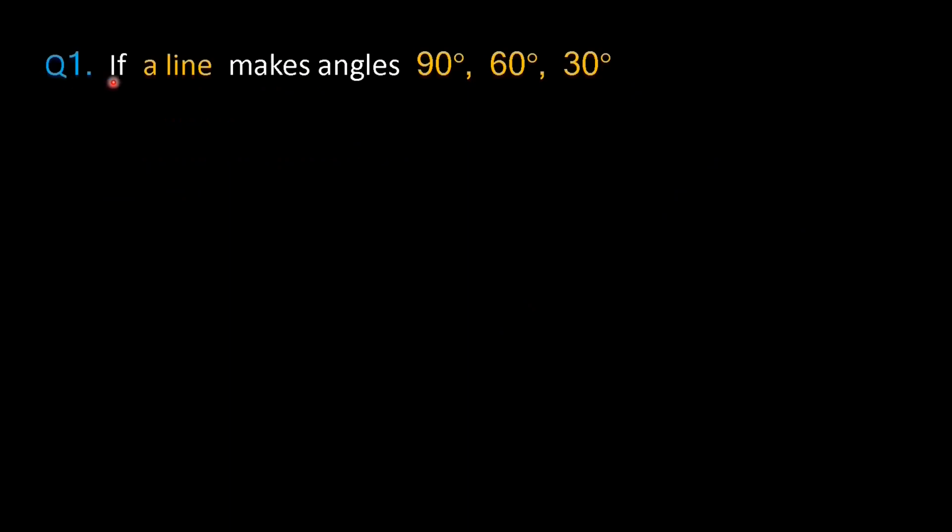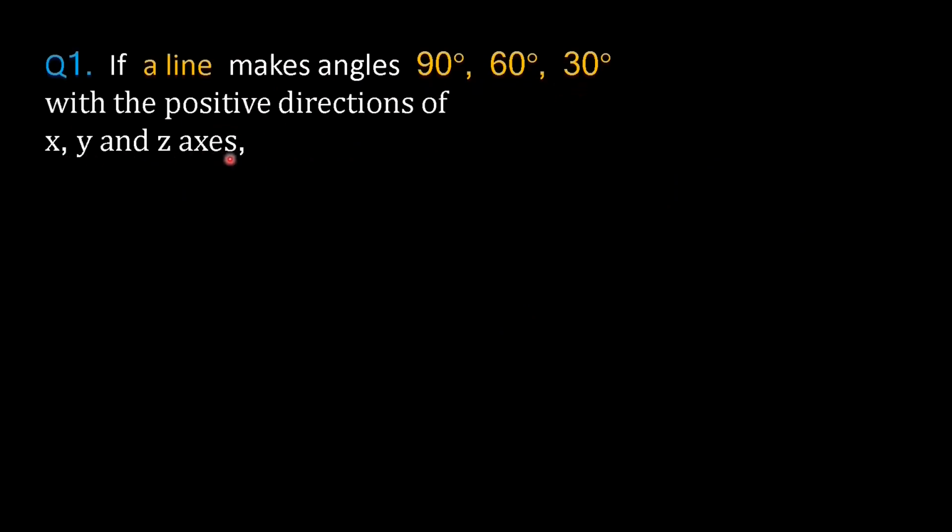We will solve some representative problems based on the concepts that we have just understood. In question number 1, if a line makes angles 90 degrees, 60 degrees, 30 degrees with the positive directions of x, y and z axis, we have to find its direction cosines.